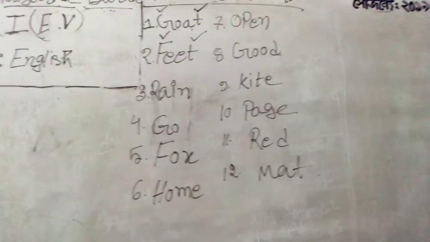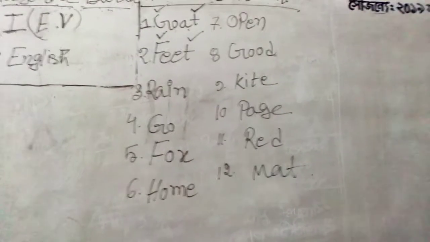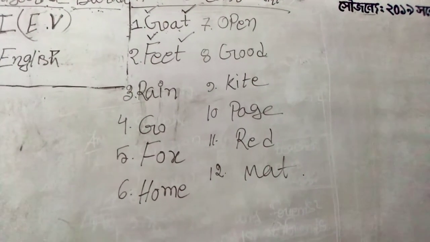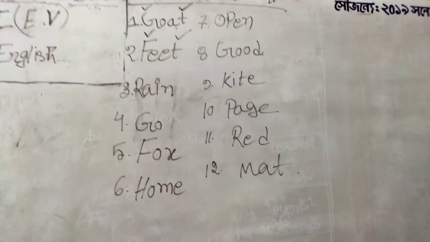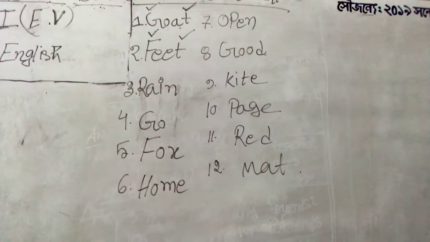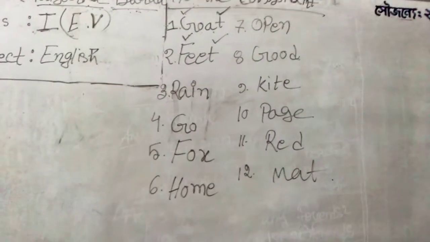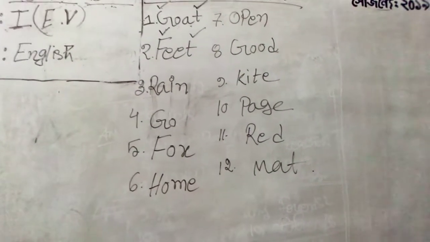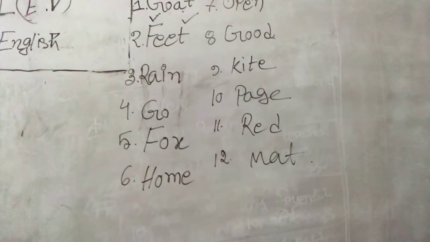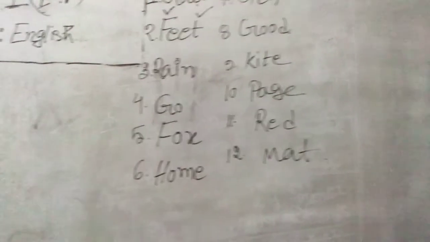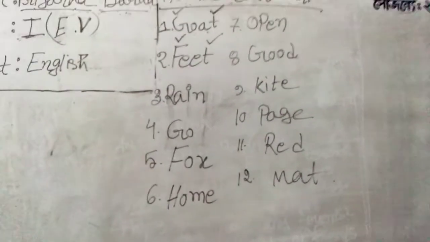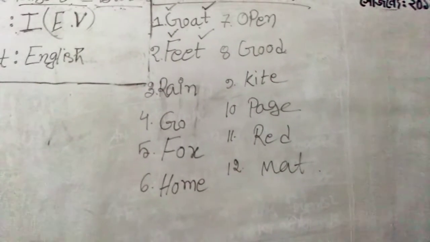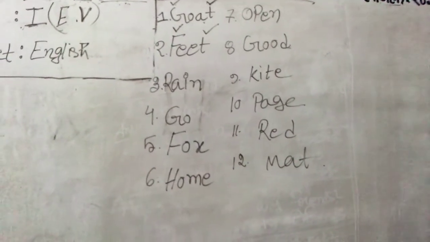You are being commanded to tick the consonant, so you are working only with the consonants here. What are the consonants here? R is a consonant. So I am putting a tick mark on which letter, A or R? Think, train your brain.